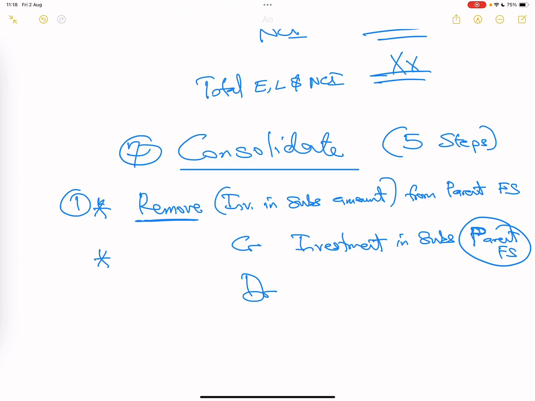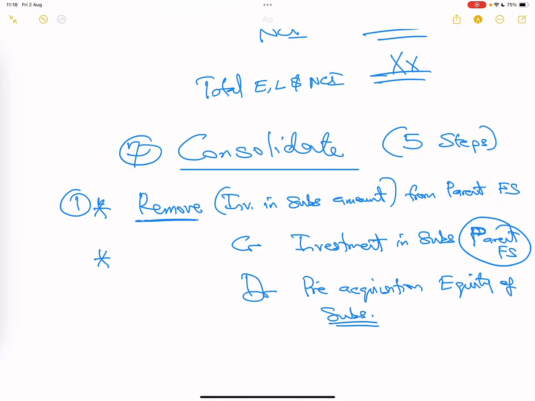So the debit will go to the pre-acquisition equity of the subsidiary.